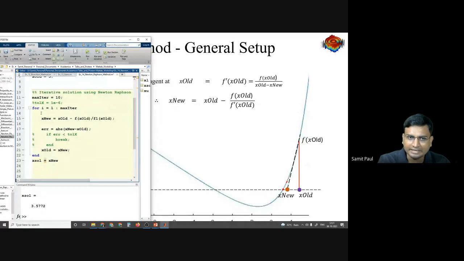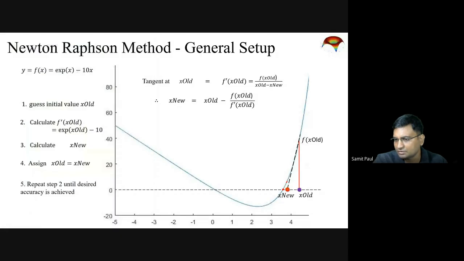Okay, and in this loop, since we have got a new value of x, that new value of x is now assigned to the old value. That means this old value we will drop, and this new value we will call x old now.